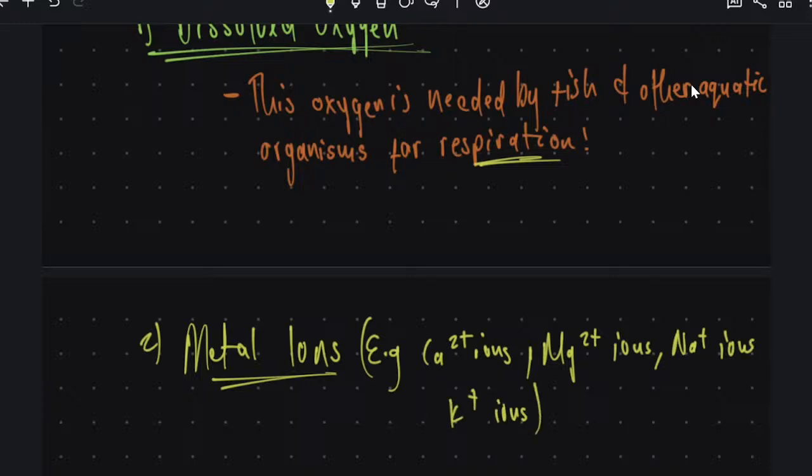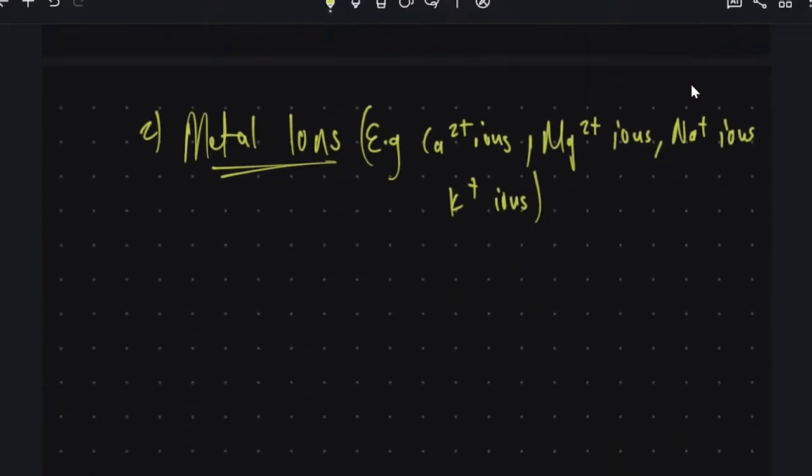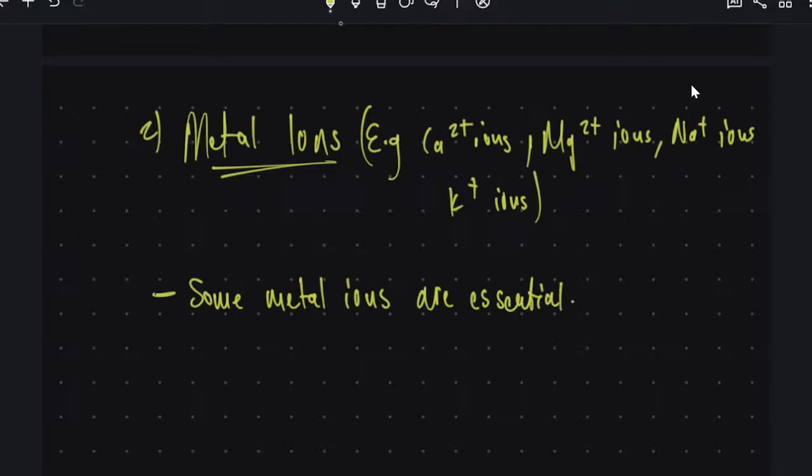These can be found in water. And they are essential. Say, some metal ions are essential.